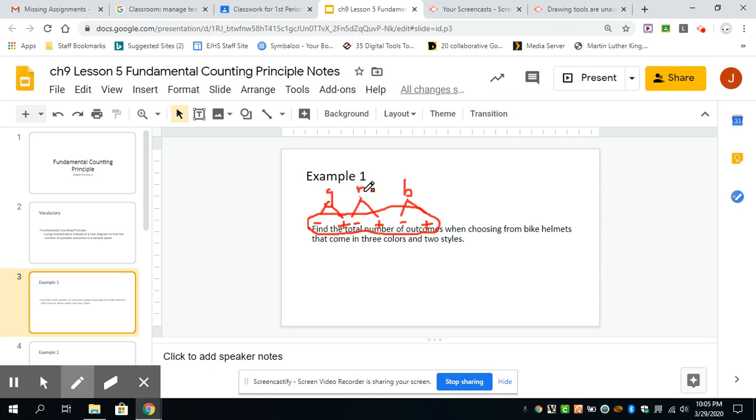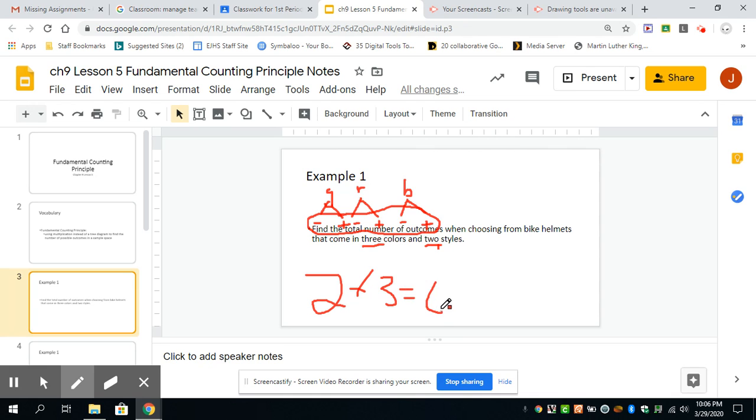But there's a much, much easier way to get there instead of having to write out this tree diagram. All we have to do is notice the total number of choices. Since we have 2 choices and 3 choices, we just multiply those together. 2 times 3 does give us 6.